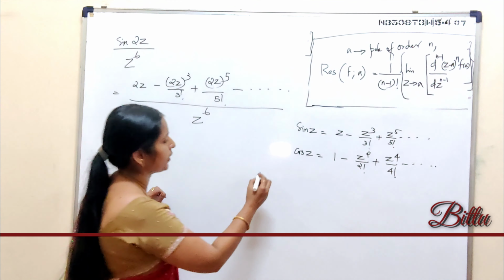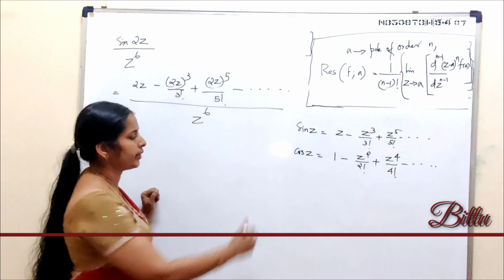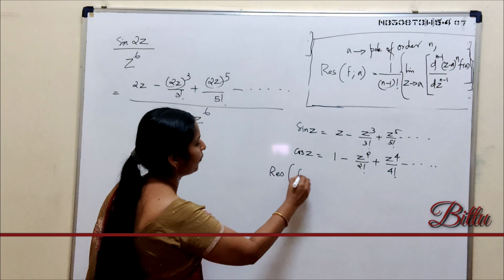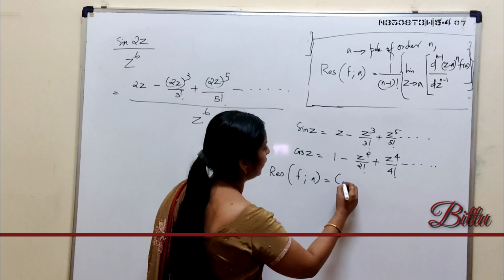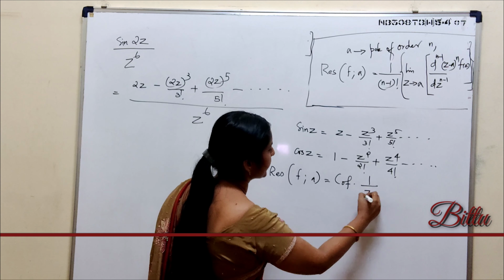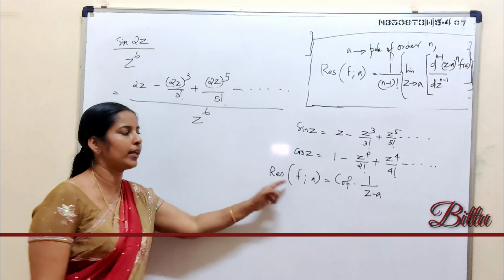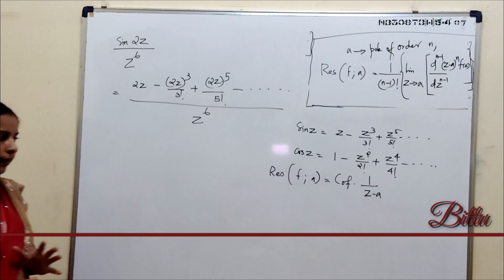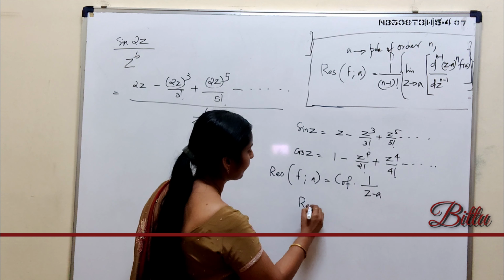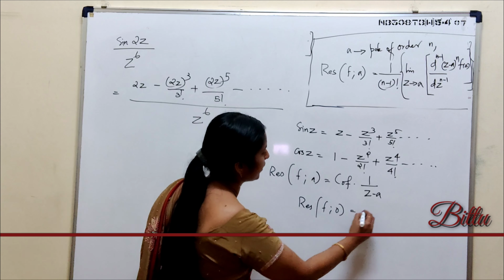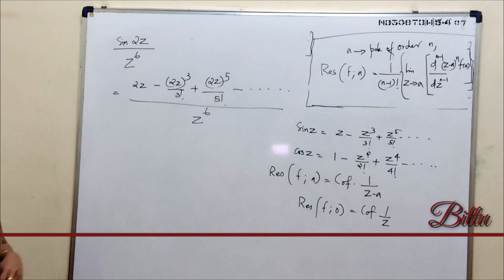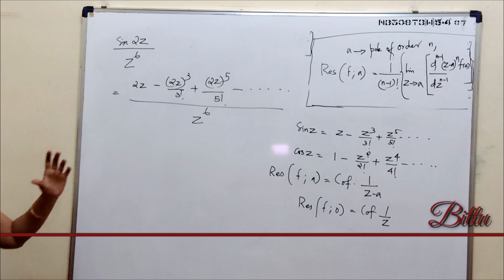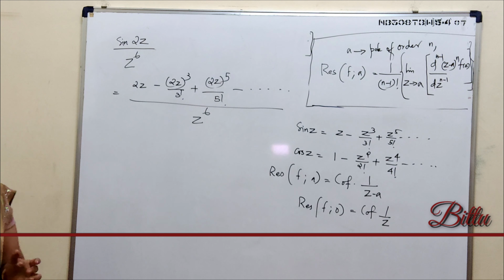Really, if a is a singular point, then residue of f at a is the coefficient of 1 by z minus a in the Laurent series expansion of f(z). So here residue of f at 0 is the coefficient of 1 by z in the Laurent series expansion. See, this is its Laurent series expansion. So you collect the coefficient of 1 by z, which is the residue of the function at 0.